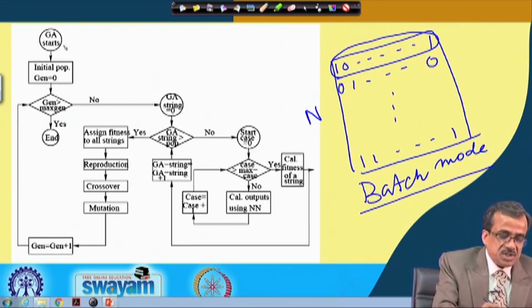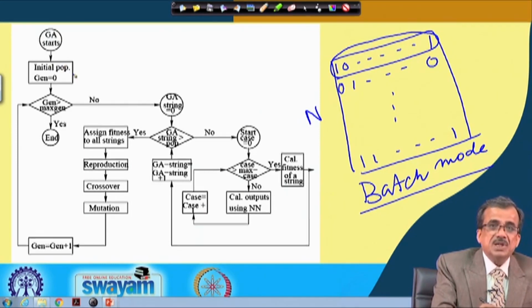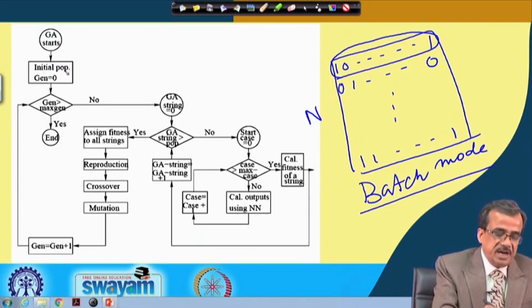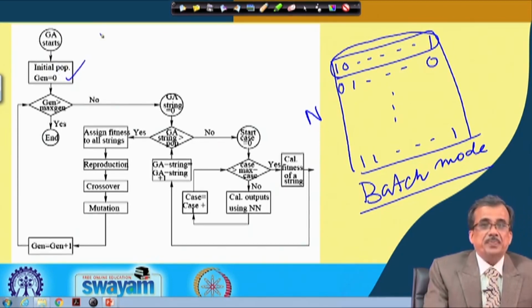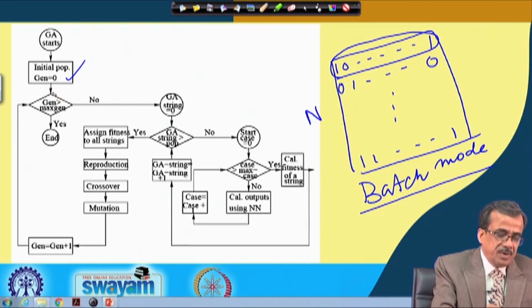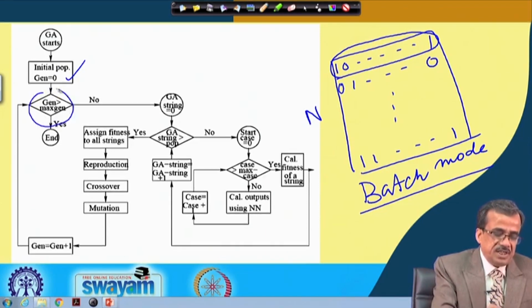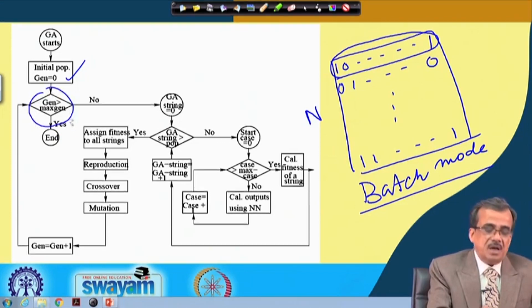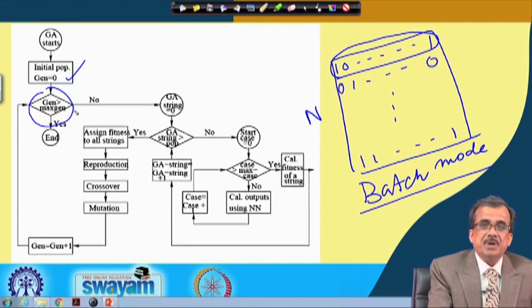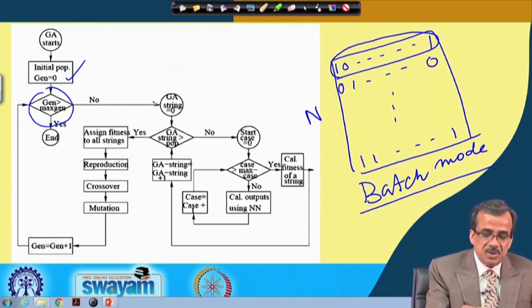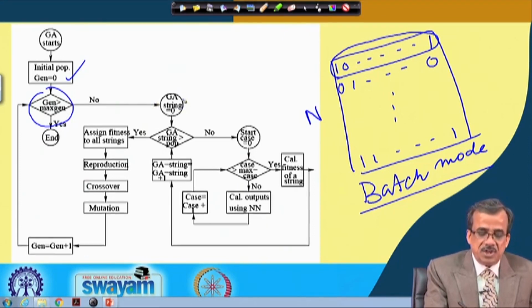Now, GA starts with a population of solutions, and we create the initial population at random. We put generation equals to 0. Now, here we have a check: whether the generation is greater than or equal to the maximum number of generations. If it is yes, that is the end of the algorithm, and if it is no, we concentrate on the first GA string.